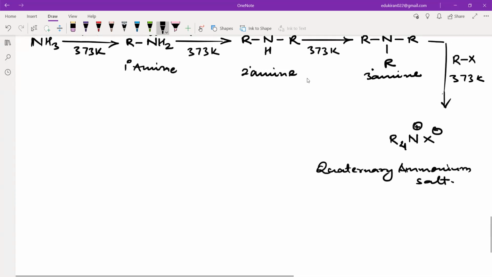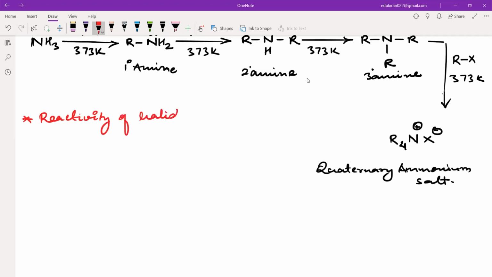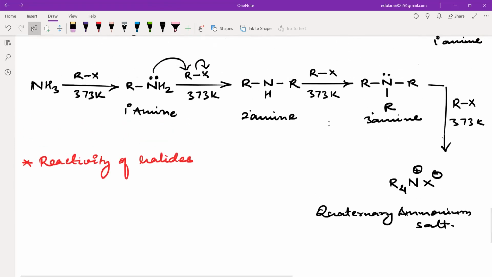Now we have to compare the reactivity of different halogens, the rate of reaction for different types of halides. So obviously the main thing is that in the halide, the RX bond is going to break.